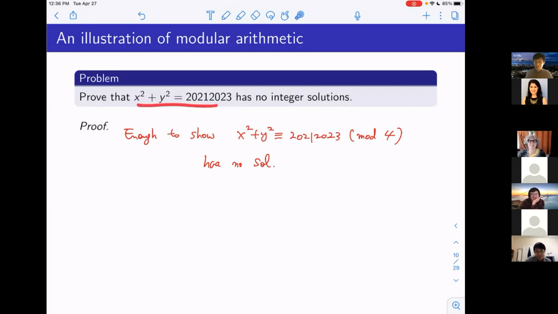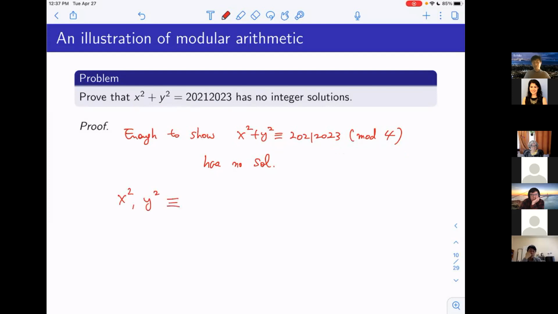So equality gives you congruence. So if you take the contrapositive, then what we're saying is, if this has no solution, then the original equation would have no solution. So here we go.